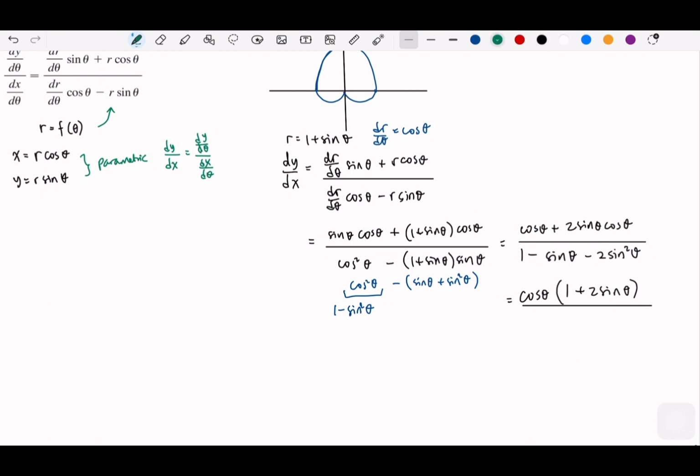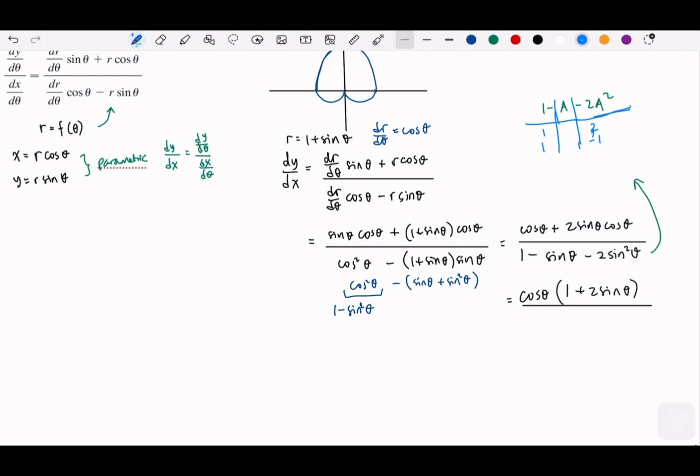And this is practically a quadratic in sine. If you are confused, you can do this. This should be 1, 1, 1, and maybe 2, negative 1.